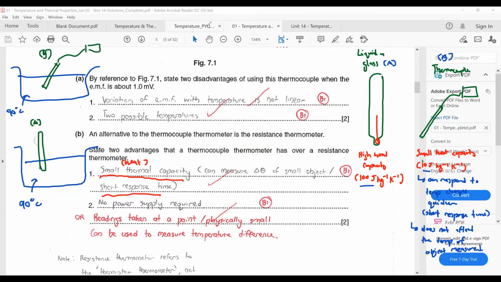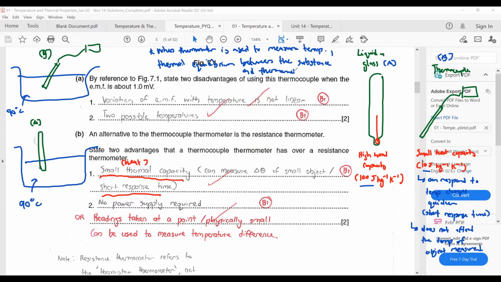Now, in general, when a thermometer is used to measure temperature, thermal equilibrium between the substance and the thermometer must be achieved first.